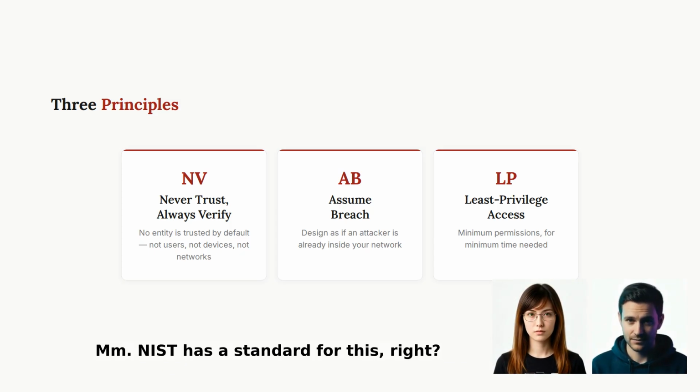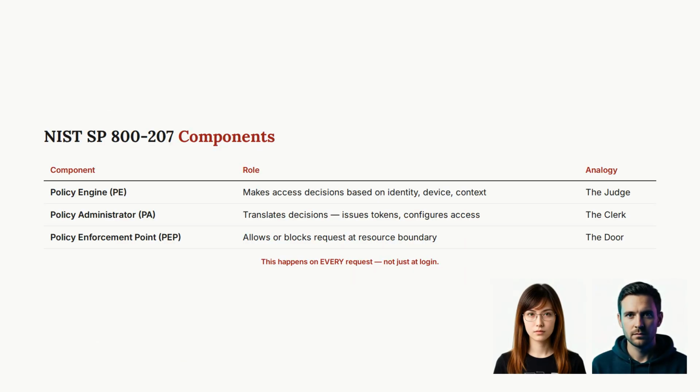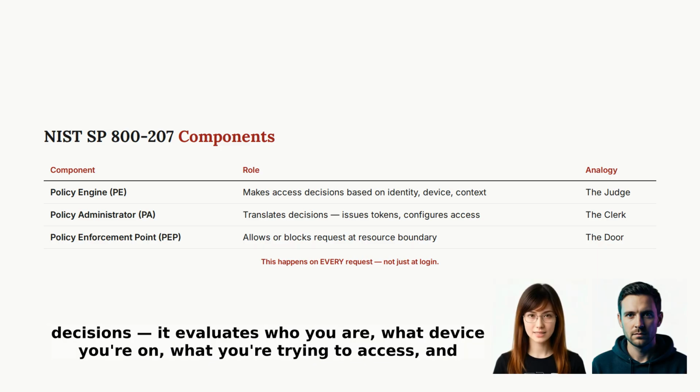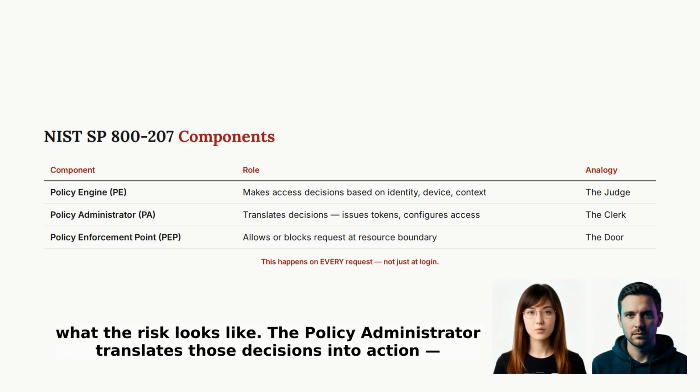NIST has a standard for this, right? NIST SP 800-207, published in 2020. It defines 3 components. The policy engine makes access decisions. It evaluates who you are, what device you're on, what you're trying to access, and what the risk looks like. The policy administrator translates those decisions into action.